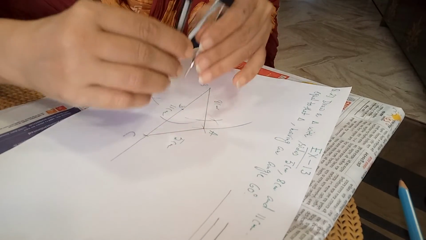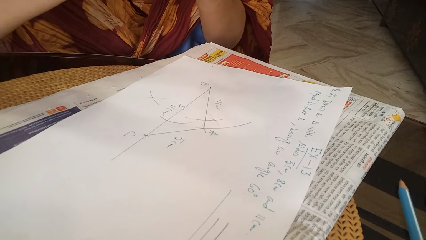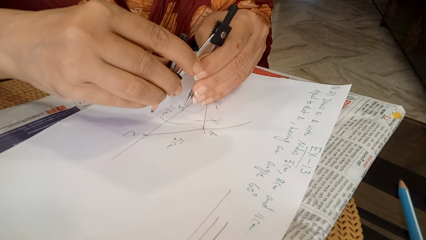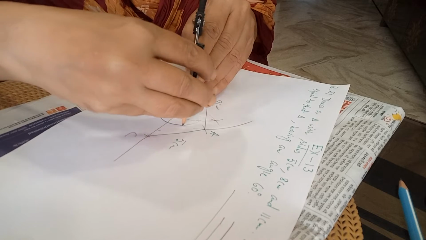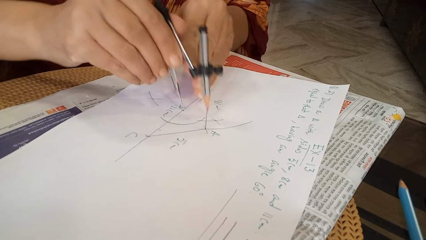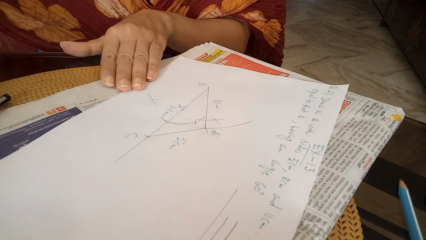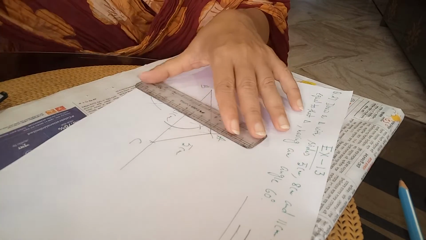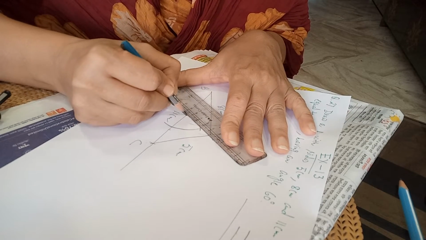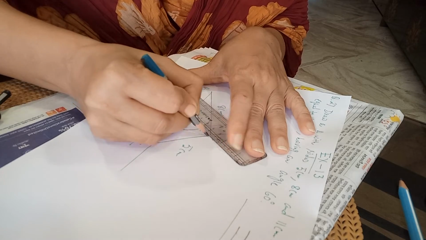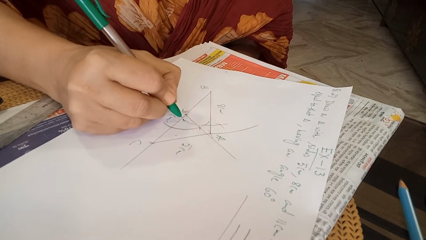My compass is disturbing. Then with the same arc, draw this. This is my 60 degree. Clear? So cut it and extend the line. 60 degree is completed. Then what is left?